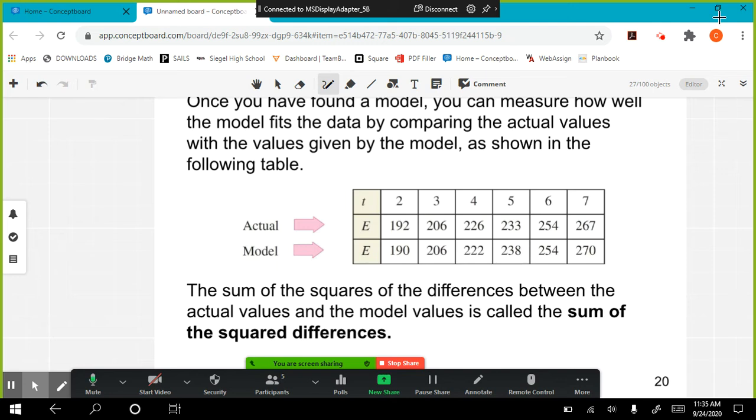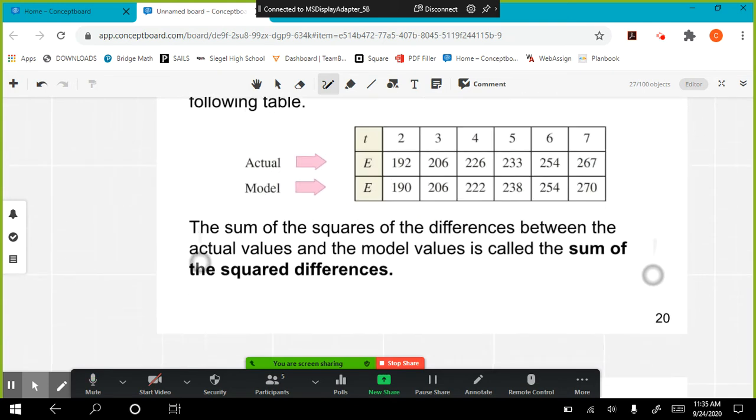So what they've done is they took the formula that they created when they substituted in 2 through 7. And the model is the actual, I'm sorry, the first row right here is the actual data, and this is from substituting into that equation. The sum of the squares of the differences between the actual values and the model values is called the sum of the squared differences.